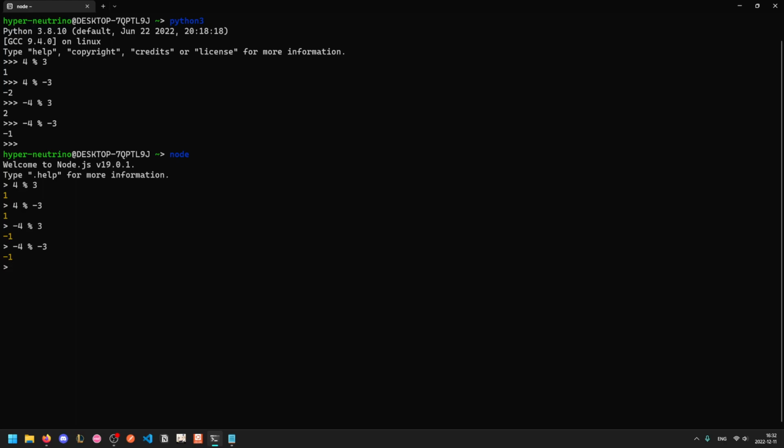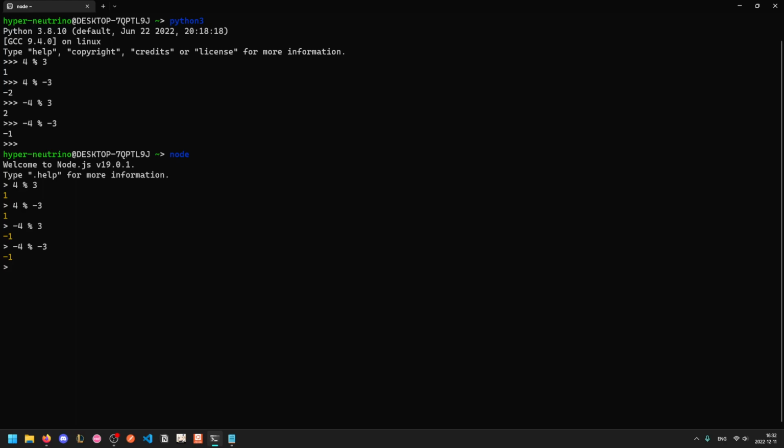The way you can sort of solve this is, you'll notice that if we take the modulo, the absolute value of the output cannot be larger than or equal to the absolute value of the modulus, the right side of the operator. So if we take a number and mod the right side, and then we add the right side, and then mod again, we will get the same sign as the right side.